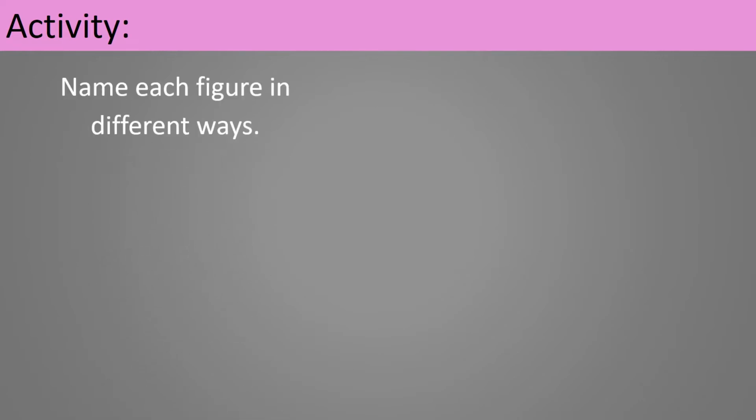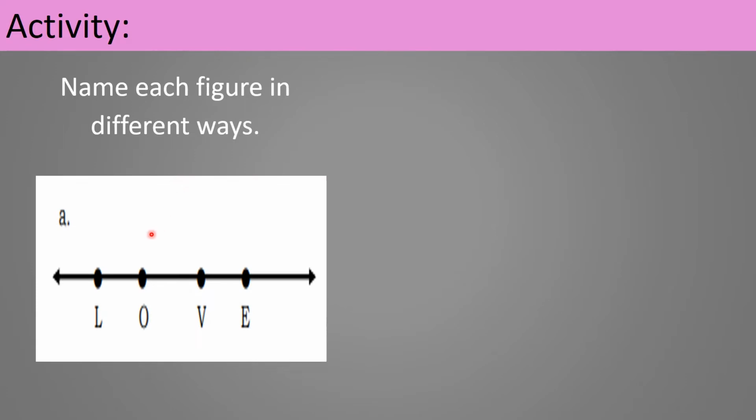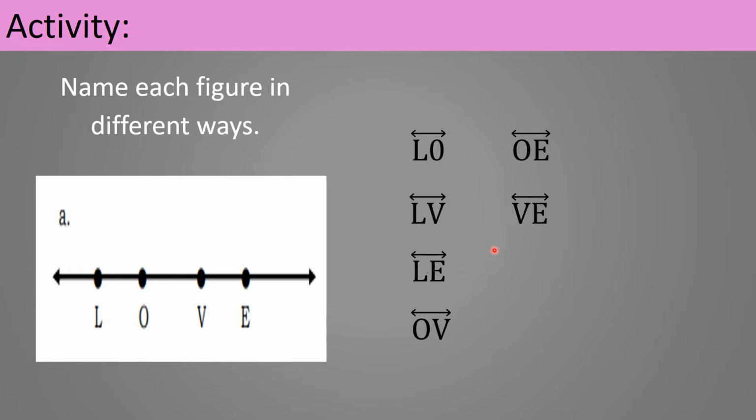Next, we have an example. Let's say we name each figure in different ways. We have this line. How can we name this line? We can name it as line LO, line LV, line LE, line OV, line OE, line VE, line EL, line EO, line EV, line VL, line VO, or line OL.